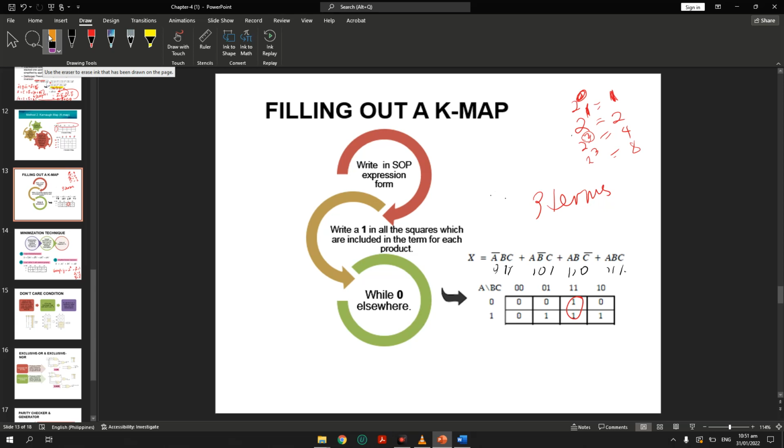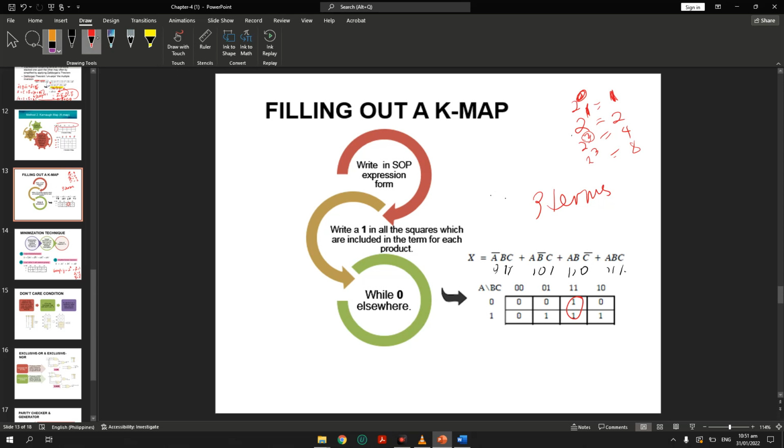So later on, you will appreciate the value of K-mapping or the simplification if you apply this K-map into an actual project.